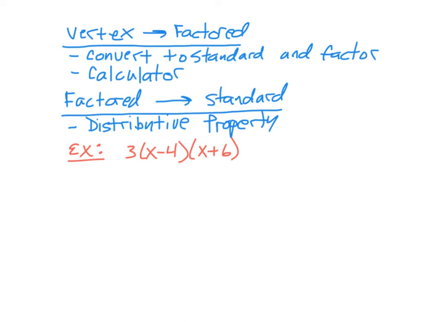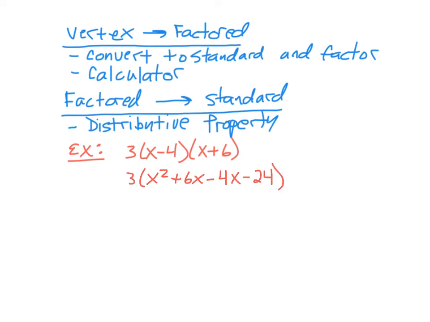So I can just do that here real quick, and then when I do that, I end up with the following. X squared, that's x times x, 6x, negative 4x, and then negative 4 times 6 gives me negative 24.